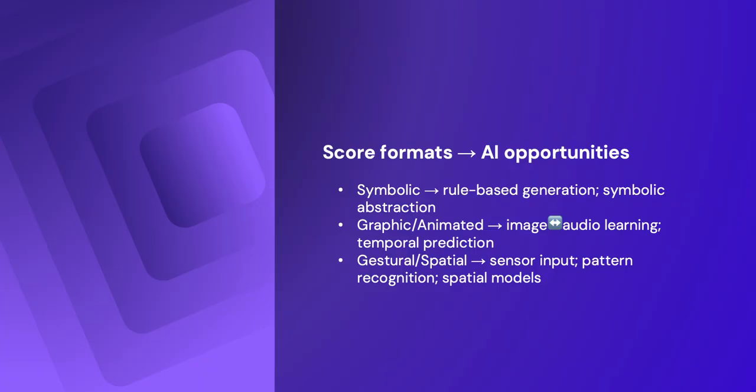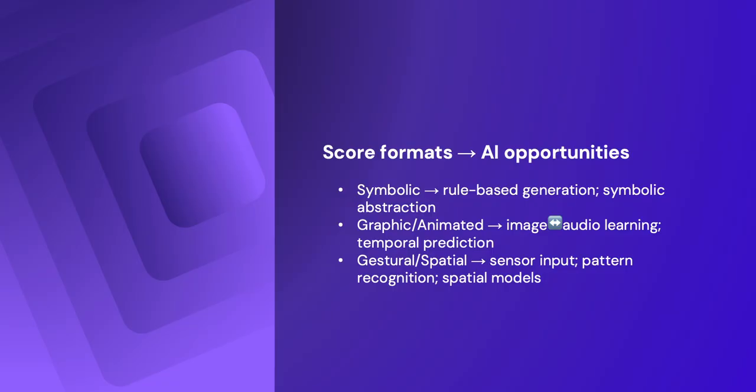For graphic or animated scores, AI can bridge image and audio. It can learn features from drawings or moving images, align them with sound, and even provide temporal prediction, for example, indicating how a curve shape should evolve sonically over time so that performers can follow it in rehearsal.